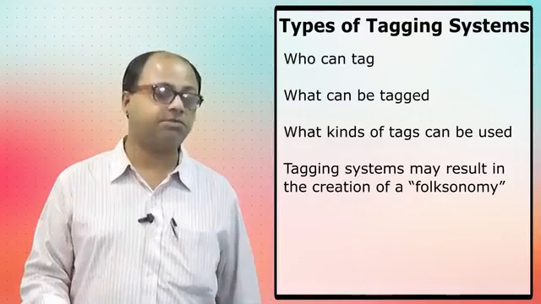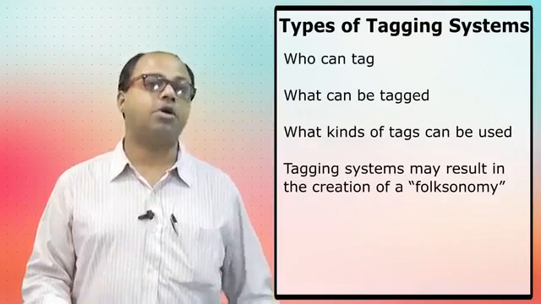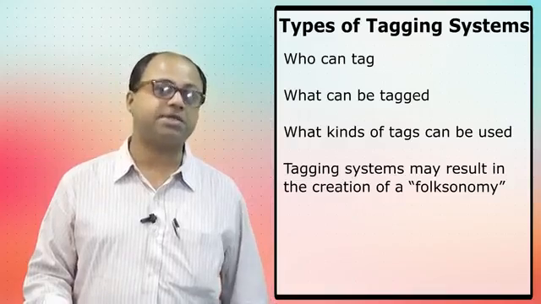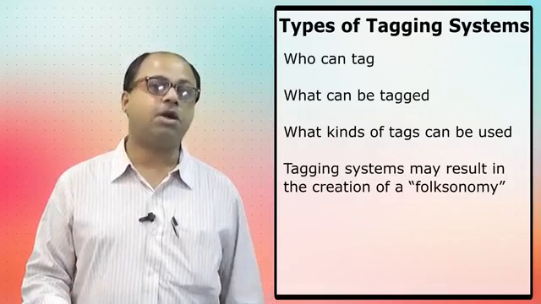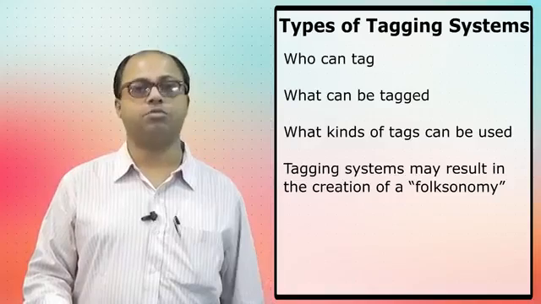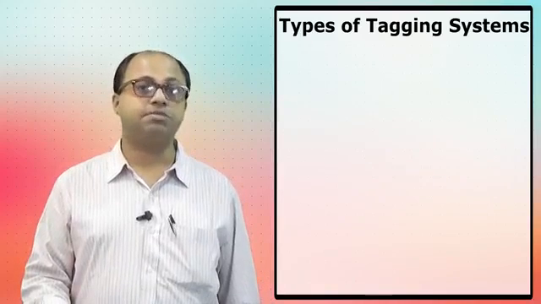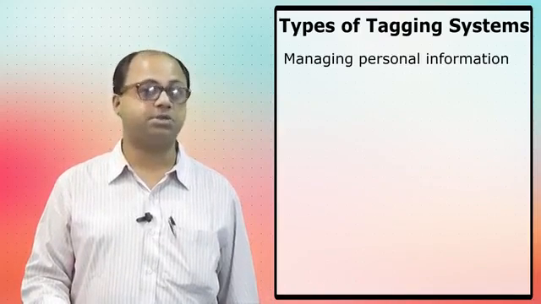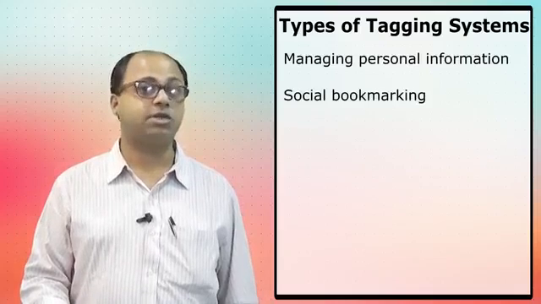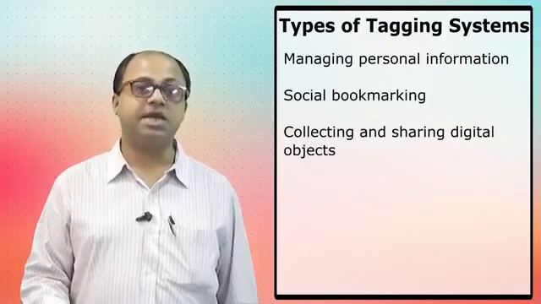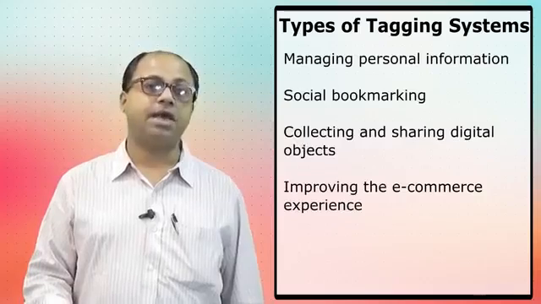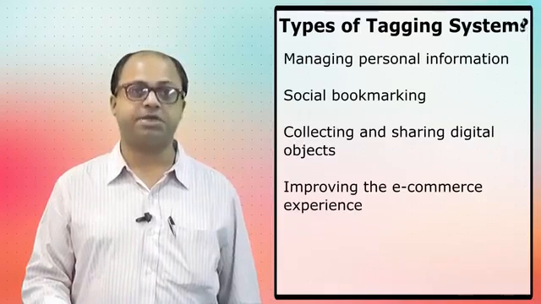So, when classification is made by common people or the common public, that is folk taxonomy, or folksonomy. Now, types of tagging systems. First, managing personal information, then social bookmarking, then collecting and sharing digital objects, and improving the e-commerce experience.